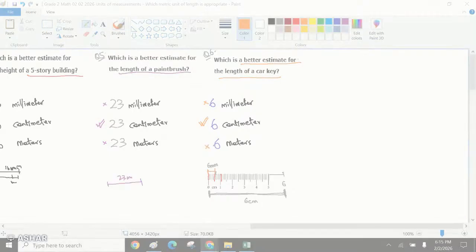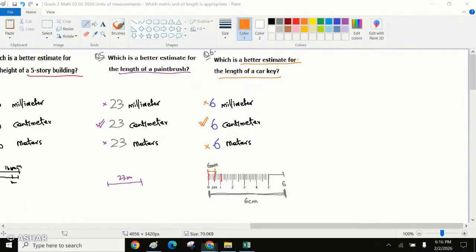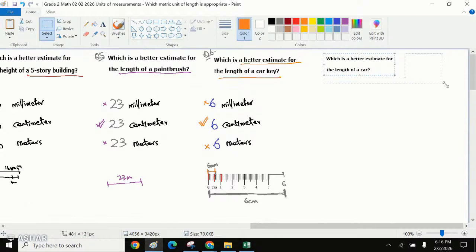Okay. Which is a better estimate for the length of a car? If we are looking at the length of a car, can we have a car in centimeters? If a car is millimeter long, we cannot sit in the car.